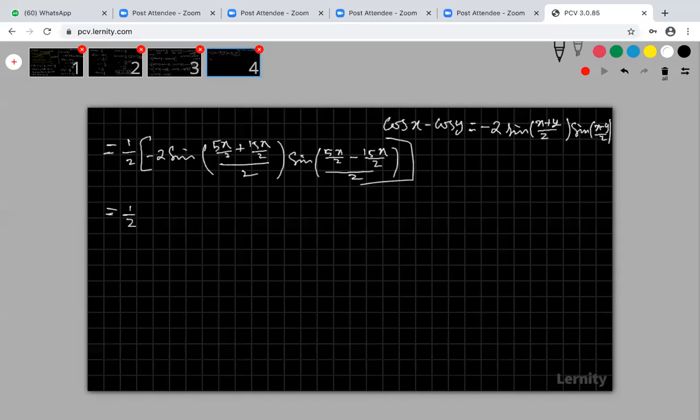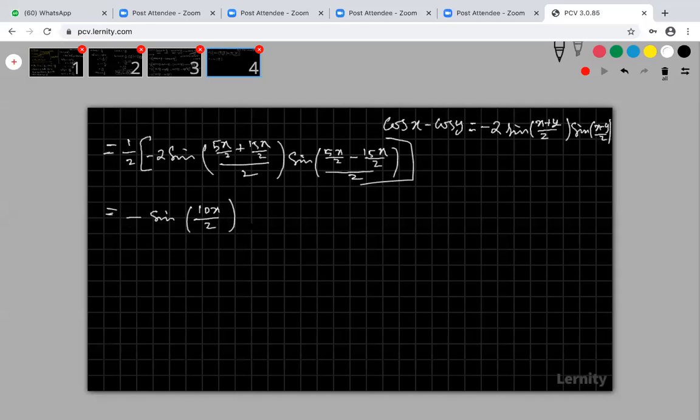What about here? You can take 2 commonly, the LCM is 2. 5x plus 15x is 20x, 20x by 2 is 10x, and the denominator 2 is still there.